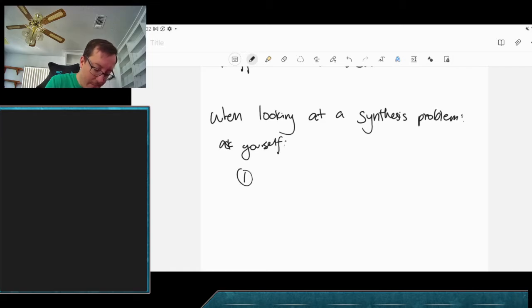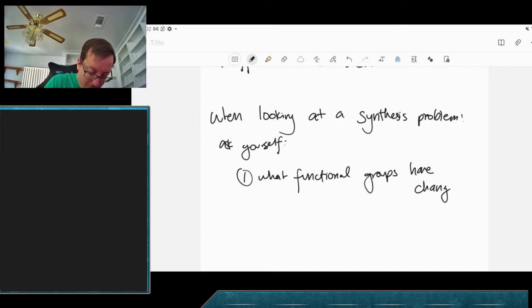Number one, what functional groups have changed? And so that would be like, do we have a bromine here that's now moved over here? Do we have an alkene that's turned into an alkyne? Do we have an alkyne that has turned into an alcohol?